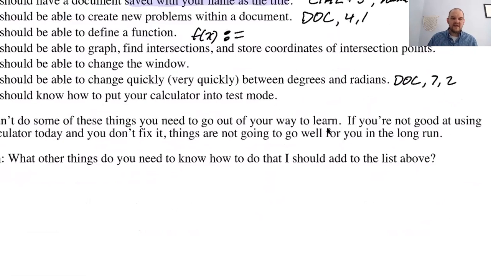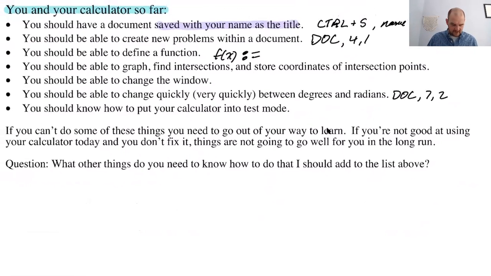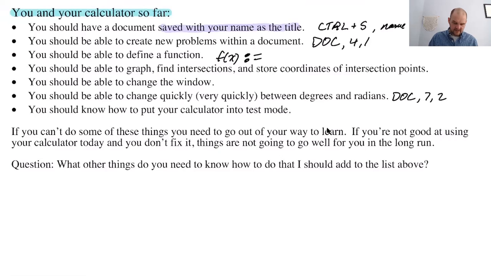And then test mode, we have not talked about yet, so I hope to get to that at some point when I see you in person, probably. But you should definitely know how to do this. Hold escape, press and release on, Control A to uncheck all the boxes, make sure you're in radians when you go into test mode, press enter. That's how you do it.